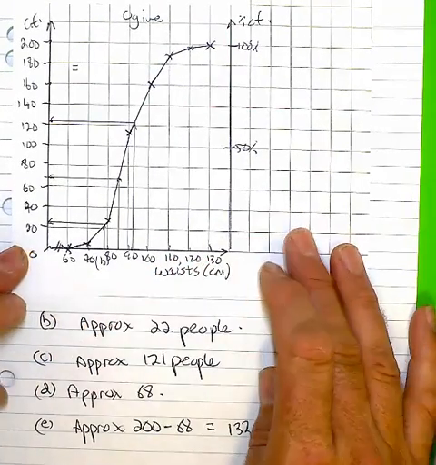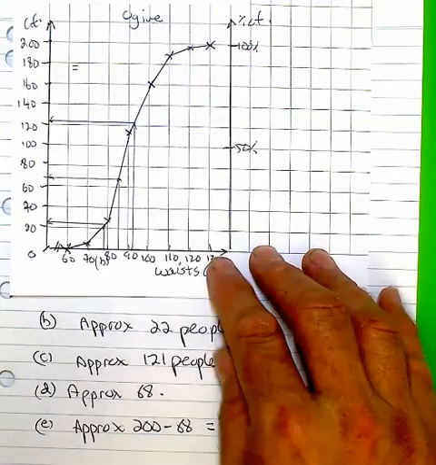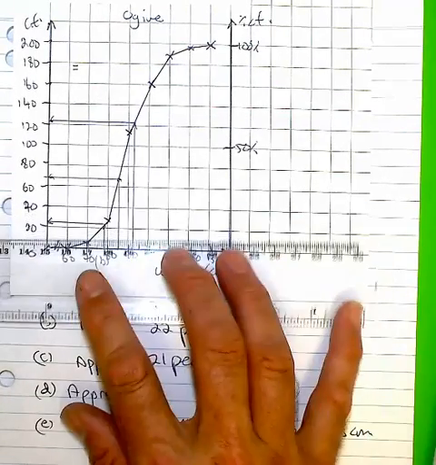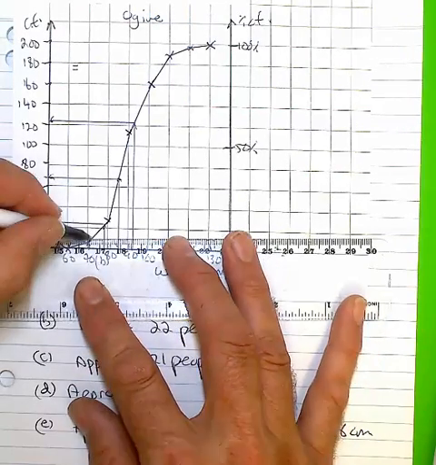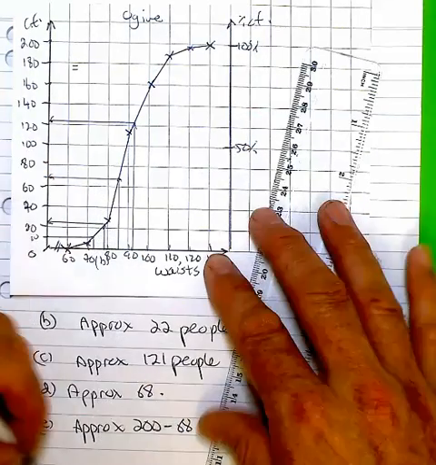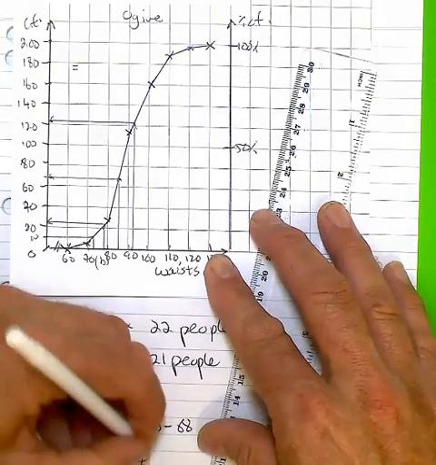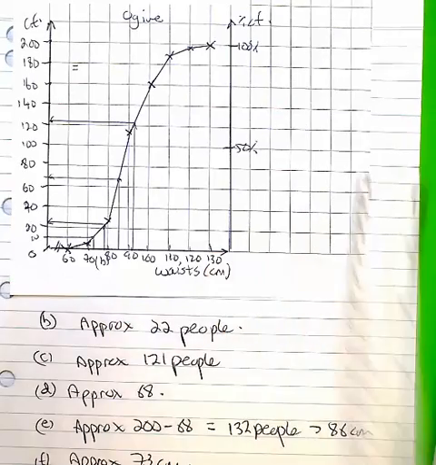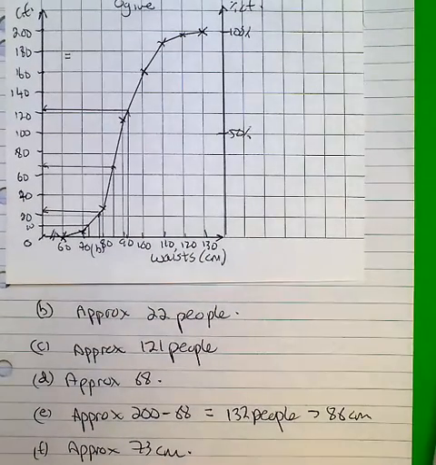Now the thinnest 10 people below, a little trickier to discern that, but I read from the y-axis at about 10, reading across and then down. So of the order of approximately 73 centimetres. Please notice as you're doing these questions you can have a little bit of variation as we are working with details from a graph.